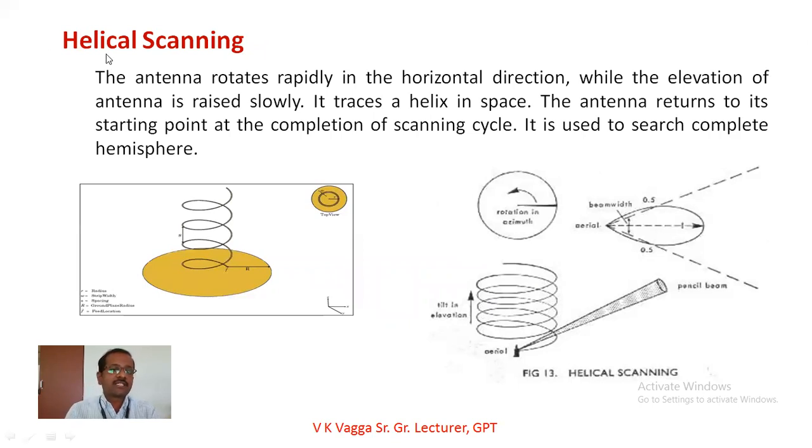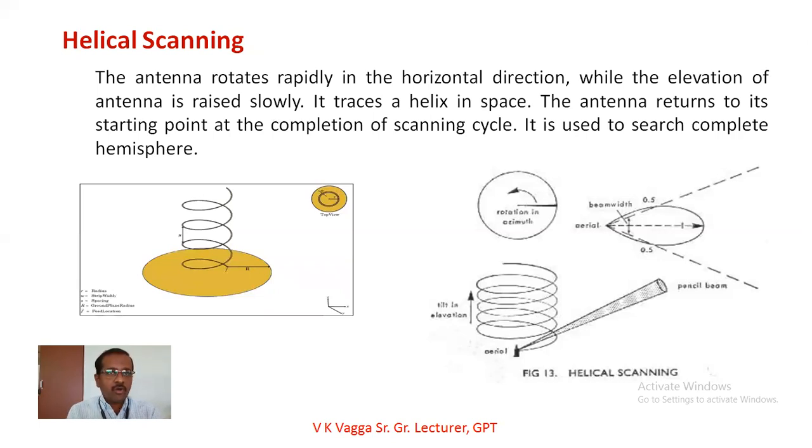So it is called helical scanning. It is also an extension of horizontal scanning, and it covers the entire 360 degrees. Horizontal scanning and helical scanning both cover the entire 360 degrees.